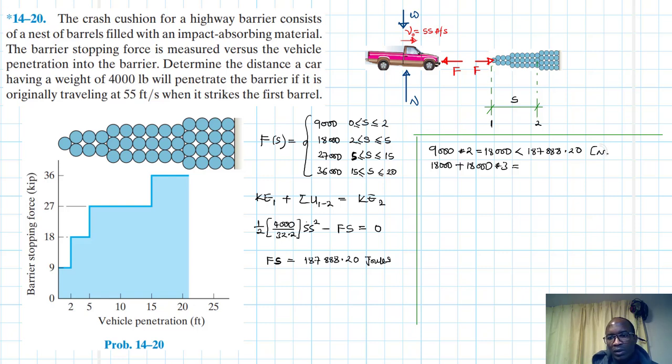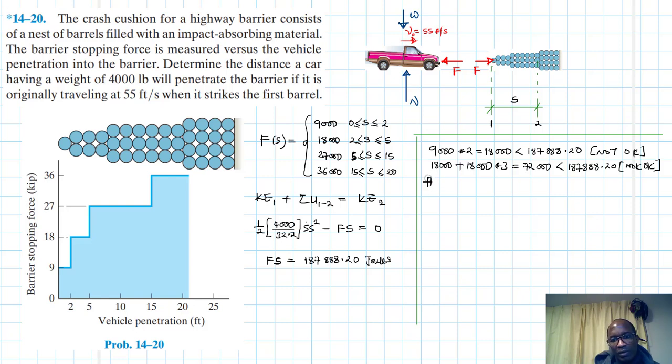And then there we'll have 18,000 plus 18,000 by 3. This gives us 72,000. This is still less than 187,888.20, still not okay.